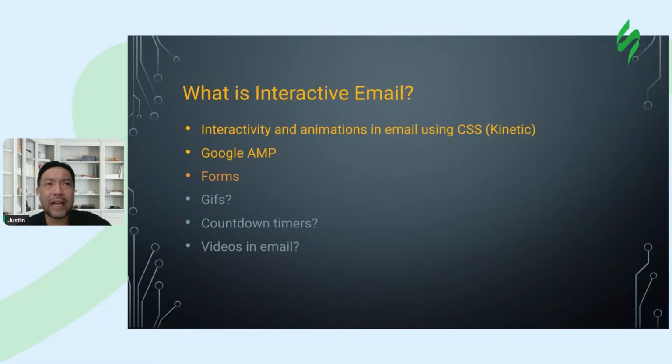When you hear kinetic email, it's referring to this technique of using advanced CSS to achieve interactivity in some email clients, primarily Apple, and then Google AMP, as well as maybe forms in email as well. But I don't consider the rest as interactive because technically you don't really interact with them. They look kind of cool. It can be engaging, but I personally don't consider them interactive.